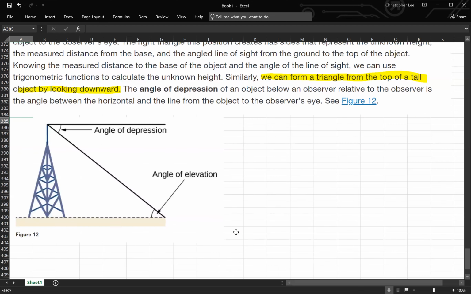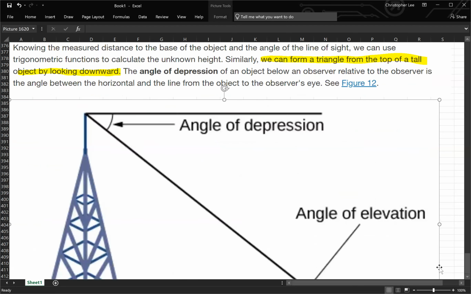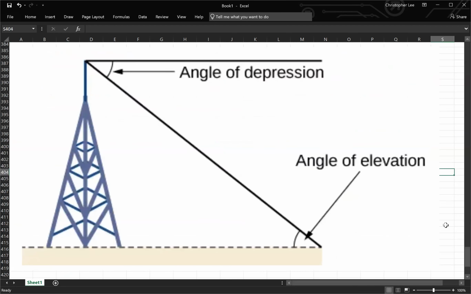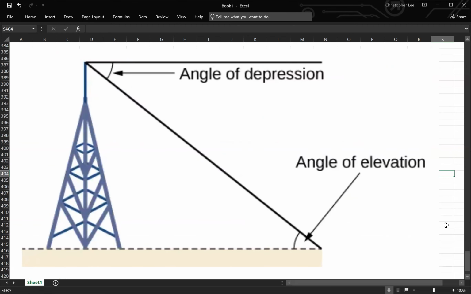All right. So check it out. Let's say that we have an Eiffel Tower looking structure right here. Go Team USA. Anyway, we have the angle of elevation. If I'm standing right here, I'm looking up, that's elevation.